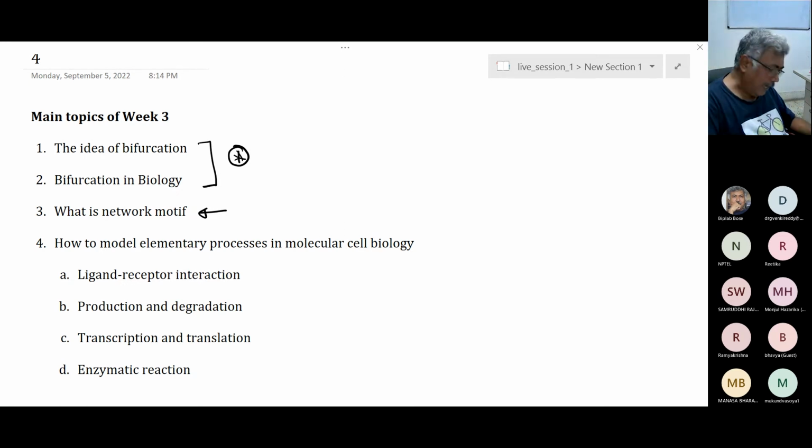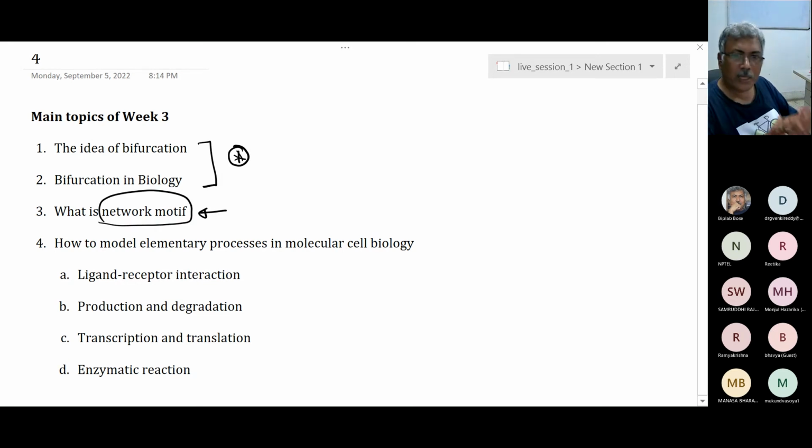From there, the idea of network motifs arises. Network motifs are subparts or sub-networks of a large biological network which appear repeatedly, that means they are reused repeatedly, and have some characteristic behavior. Let me give you one example.